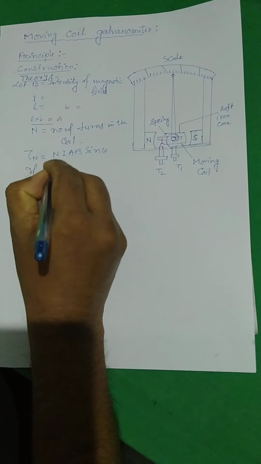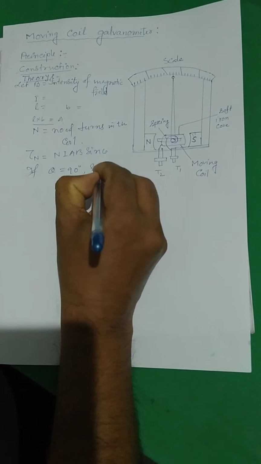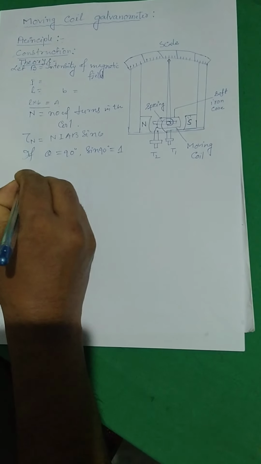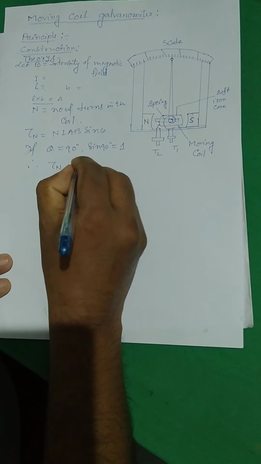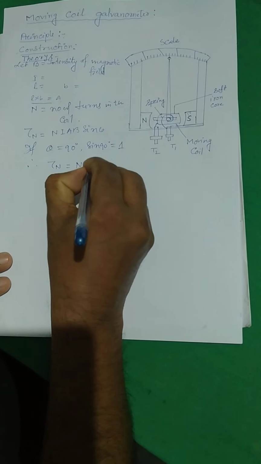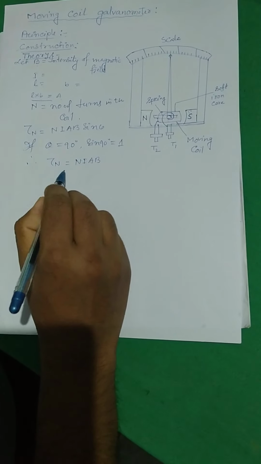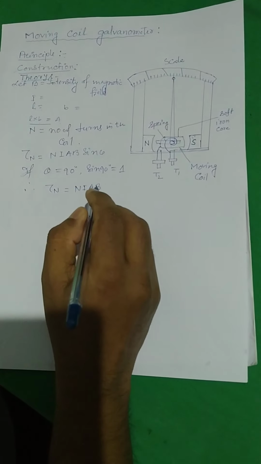If theta equals 90 degrees, sin 90 degrees equals 1, then tau equals NIAB. This torque is known as the deflecting torque.